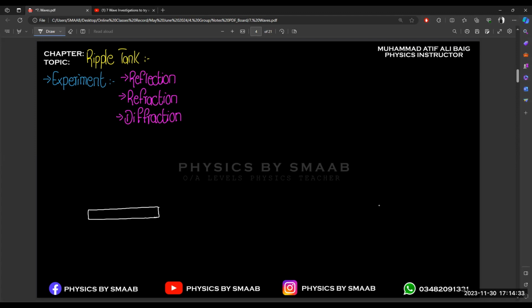So just for the journal representation, we just draw a shallow tank. And we just place a motor with a paddle to vibrate or to make vibration in the water.